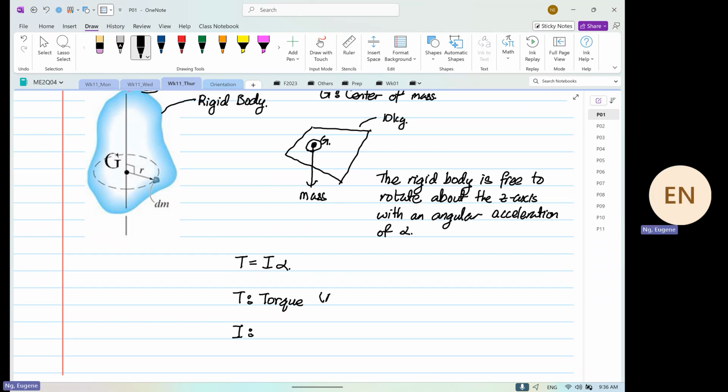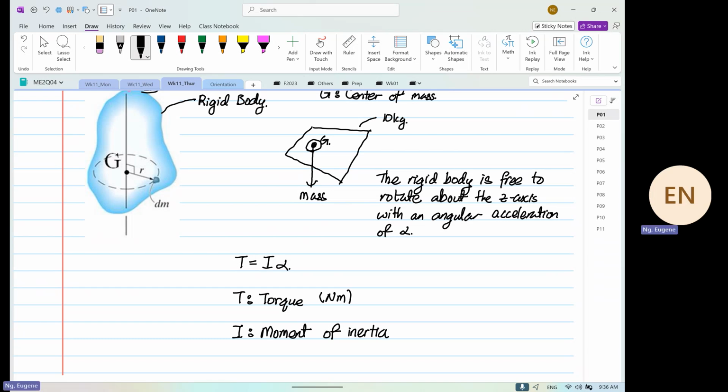Torque over here is in Newton meters. I is the moment of inertia.